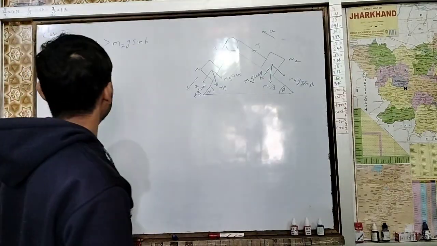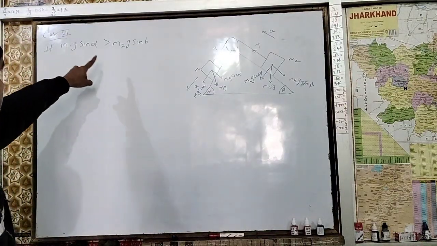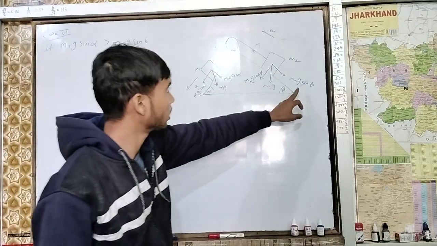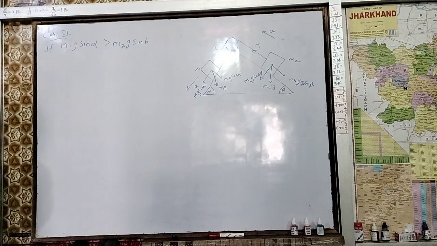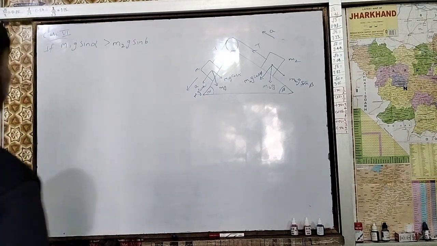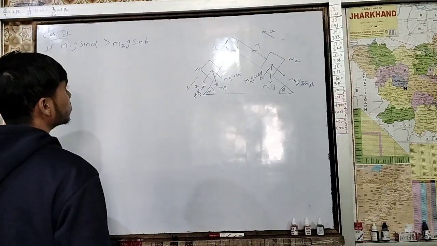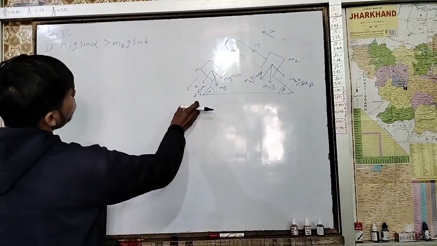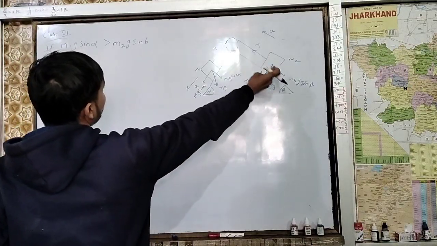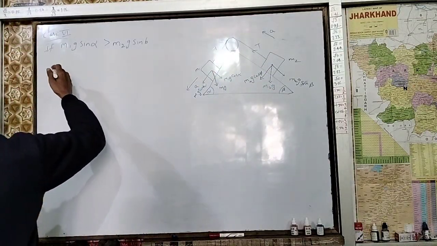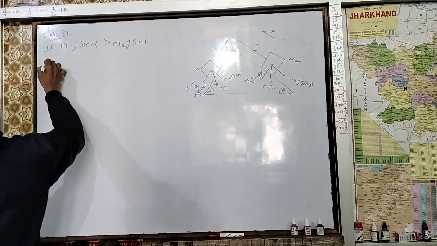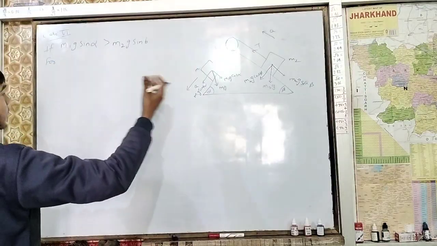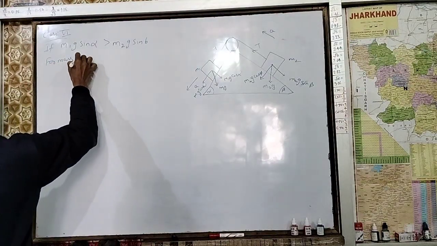Now the condition is if m1 z sin alpha is more than m2 z sin beta. If this is more, suppose m2 will go upward. In that situation, let's make the FBD for mass m1.